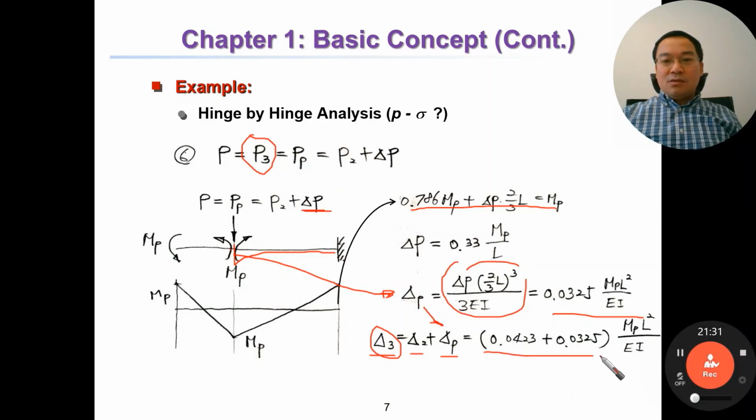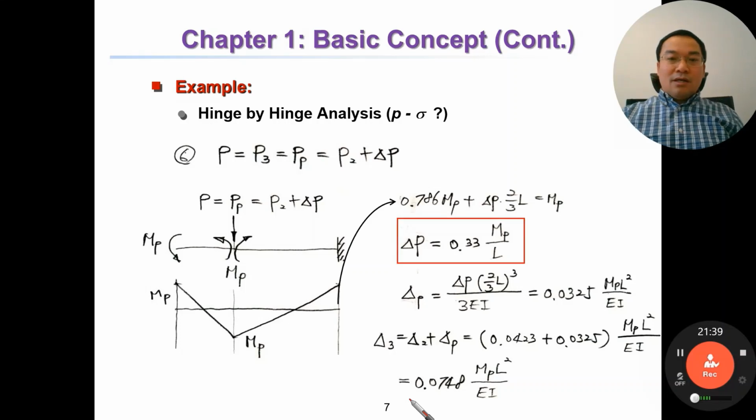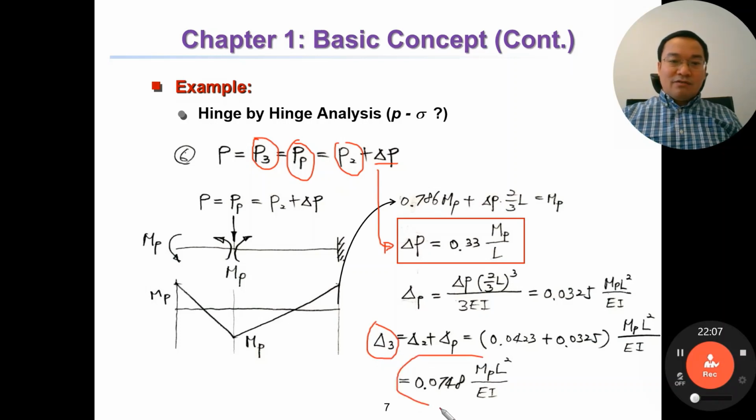Then it is equal to this one. Then we have delta P or PP, P3. P3 equal to P2 plus delta P here. Then we can calculate P2. P2 means PP, the plastic load. And we have the corresponding deflection, delta 3 equal to this value.